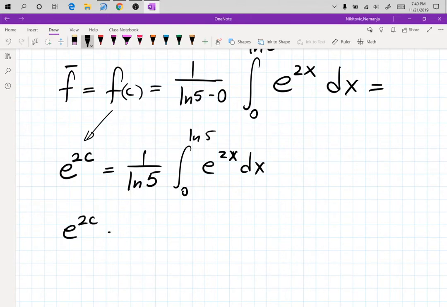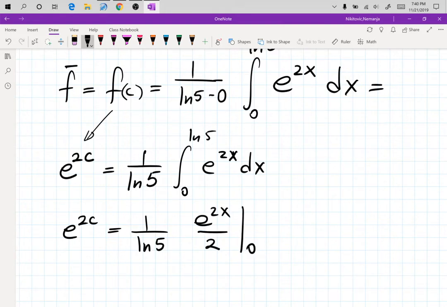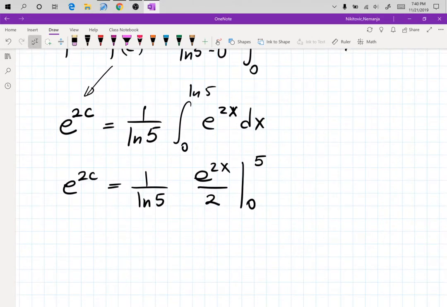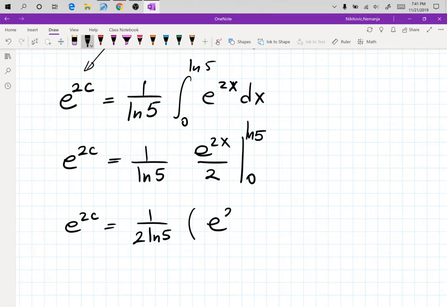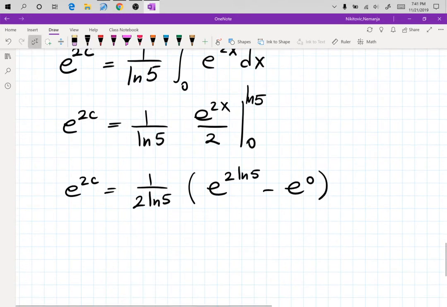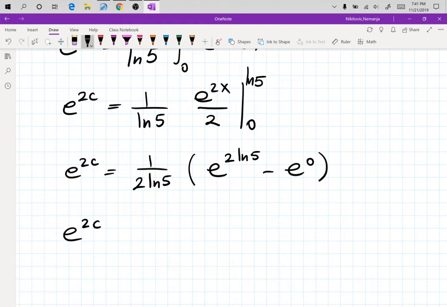So e to the 2c is equal to 1 over ln 5, and now I have here the integral of e to the 2x is e to the 2x divided by 2 computed from 0 to ln 5.